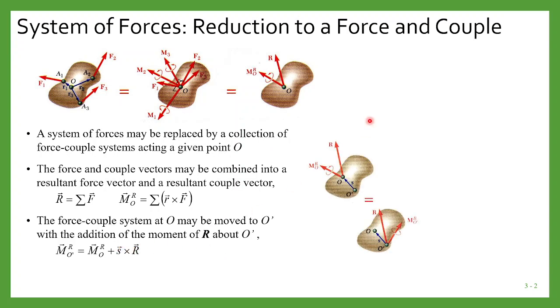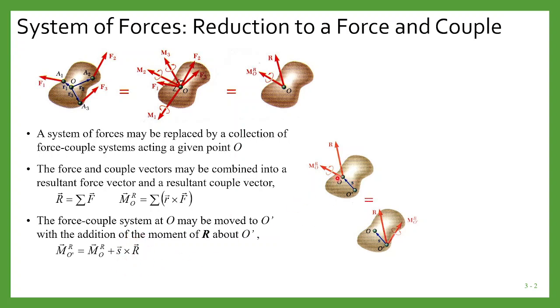Now one more thing we can do: suppose we want to move this force couple system to another point. We have also seen in the last video that we can move a force couple system to a different point, and for that we just need to add a moment.